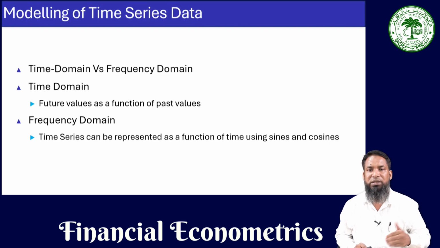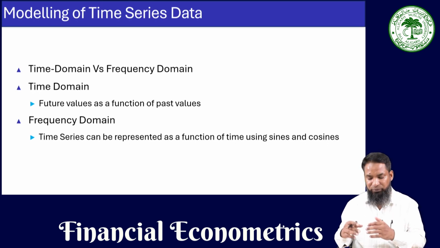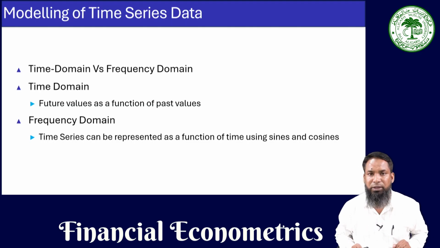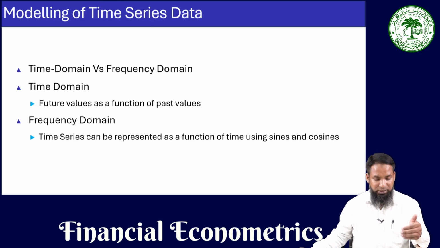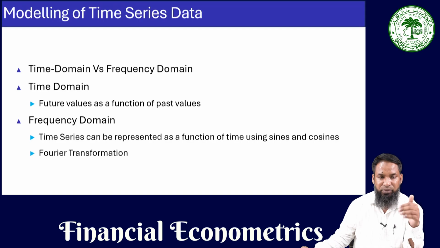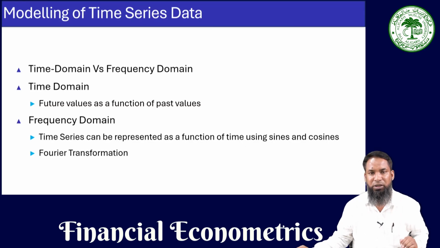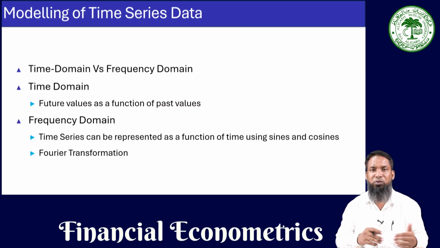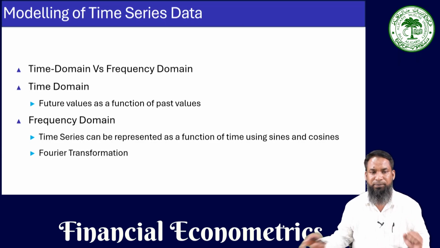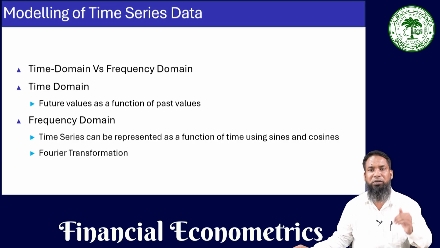The Fourier transformation is critical in this case. We use the Fourier transformation to convert the time series data into sine and cosine functions, and then we use different models to analyze this. So here we have the option to choose either the time domain or the frequency domain.